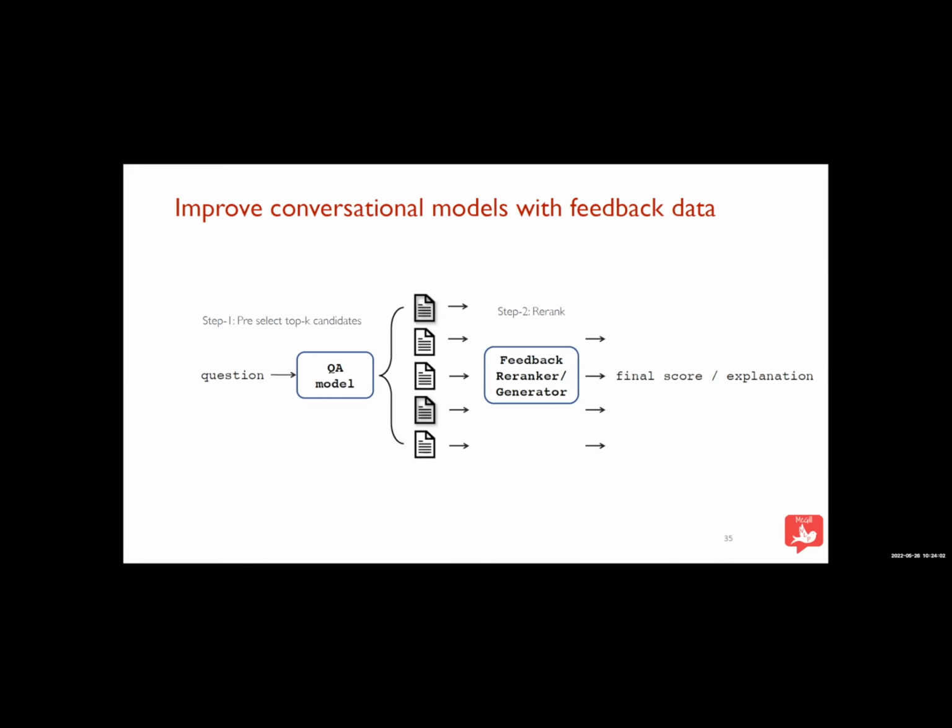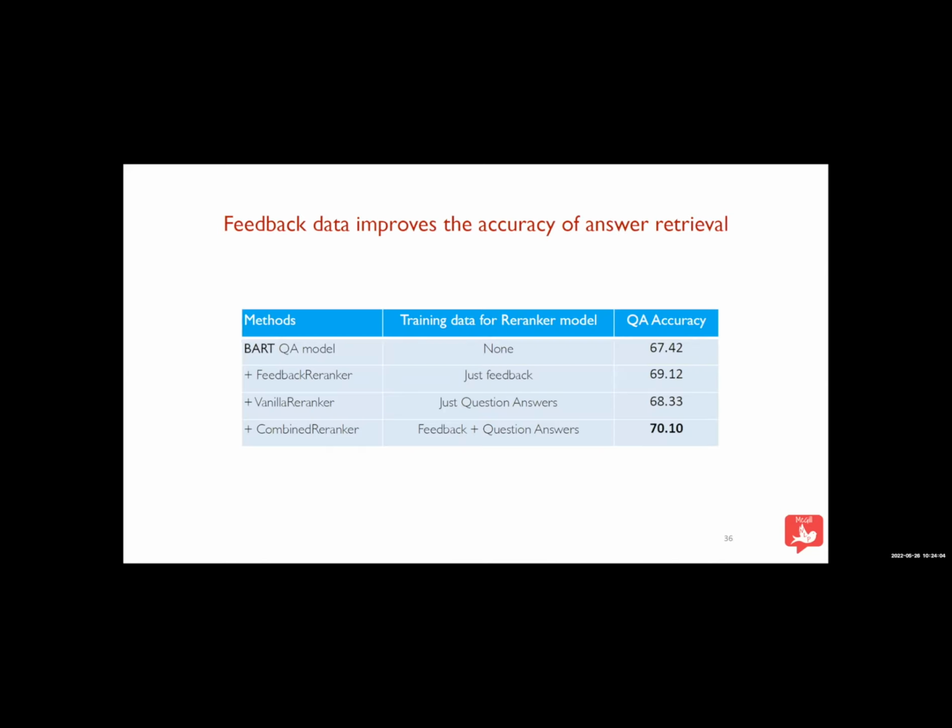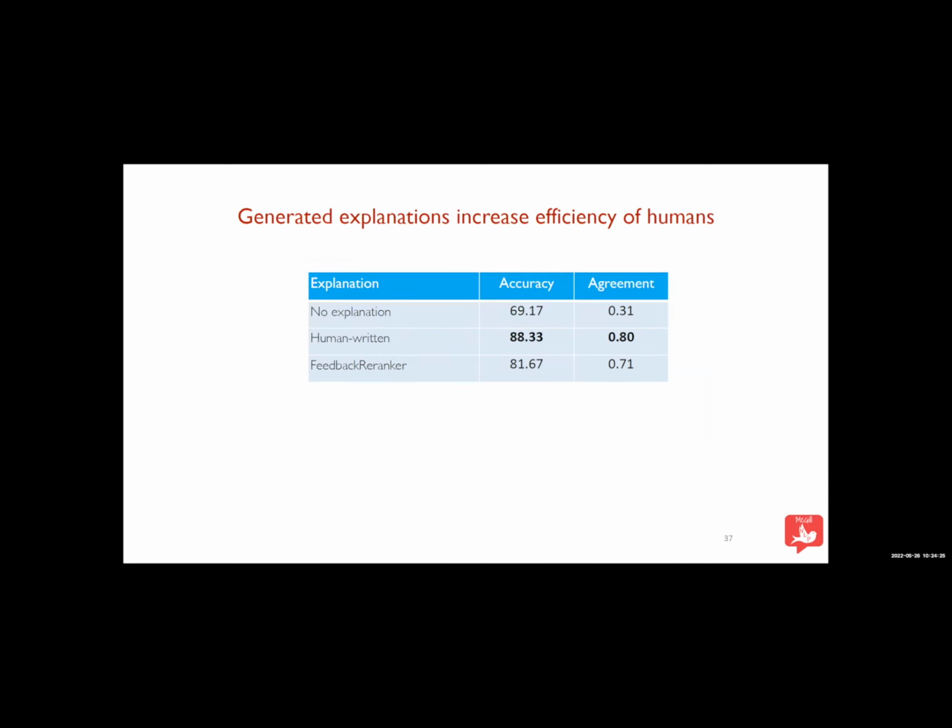And you can use that to re-rank your answers. If you take a model like BART, if it performs at 67, after generating feedback and re-ranking, we see that it goes up to 70. So this is almost for free, right? Because it's much easier to collect feedback data for deployed models.